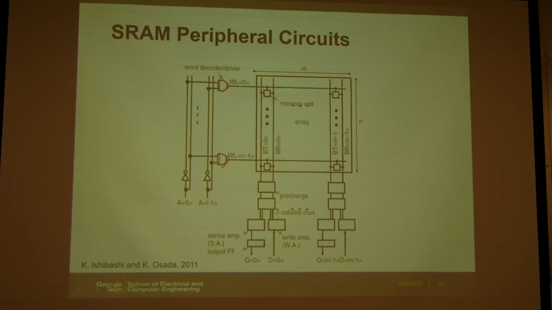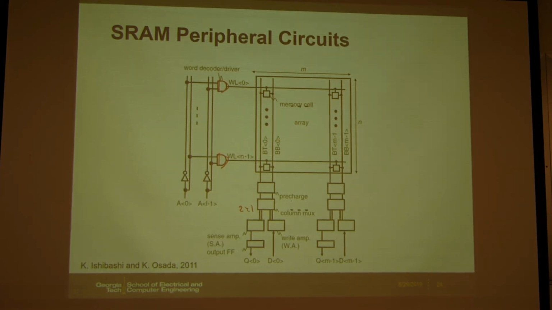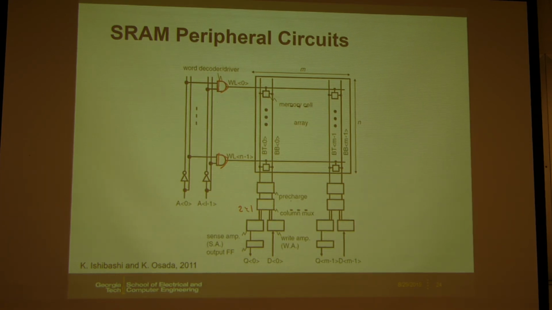But we have to have a 2 to 1 mux here to select whether this is a read or write operation. If it's a read operation, then the column will go through the mux and connect to the sense amp. If it's a write operation, then it goes through the mux and connects to the write driver. So you need to have a 2 to 1 selection.